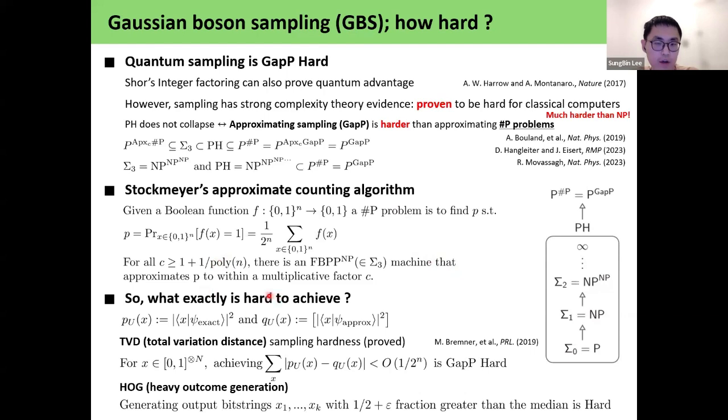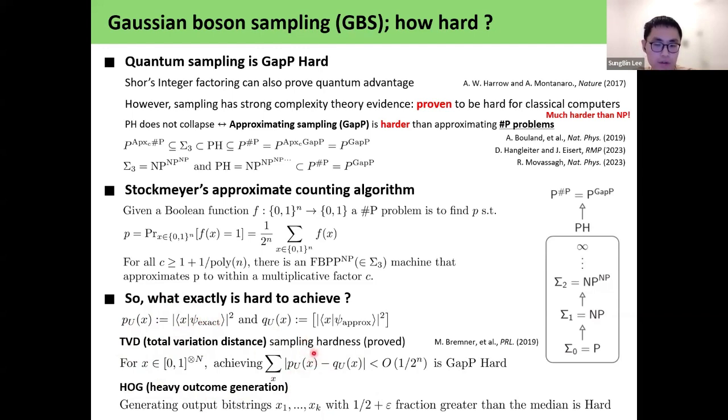So what's exactly hard to achieve in a sampling problem is that there are several more steps to compute. However, I will focus on two steps: the total variation distance and the heavy outcome generation. Total variation distance, also given as TVD, is the absolute distance between the exact distribution, p(x), the exact distribution of computing the bit string x, where x is a bit string and psi is obviously a quantum state.